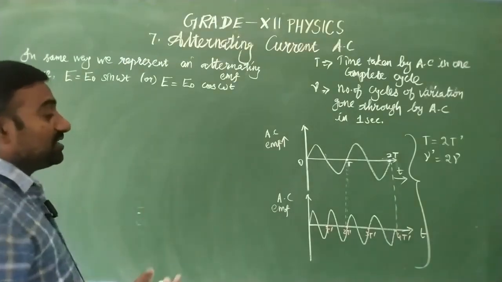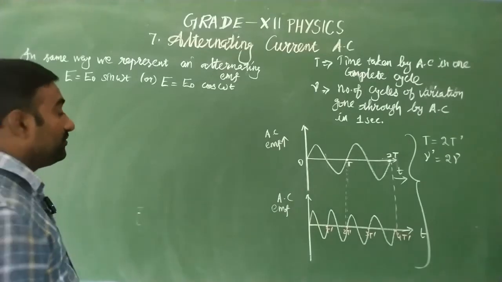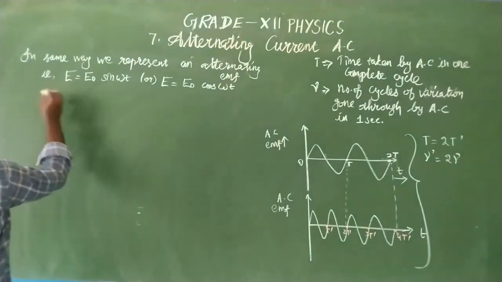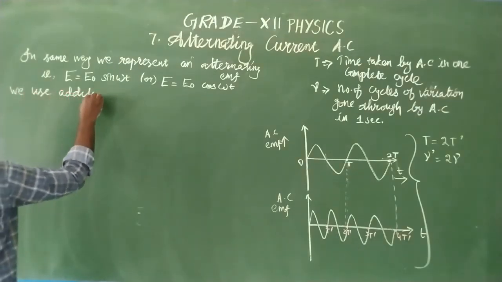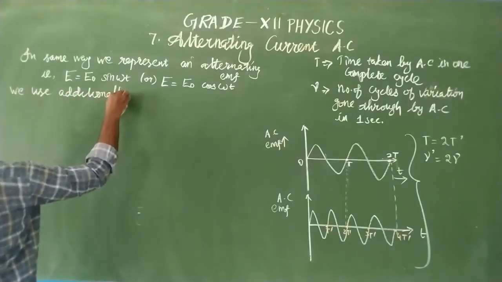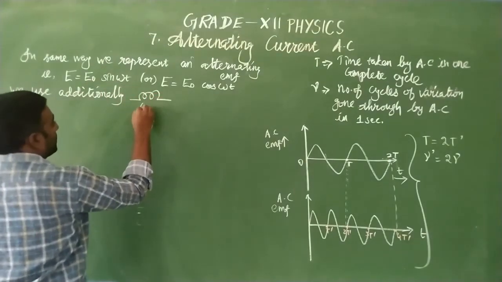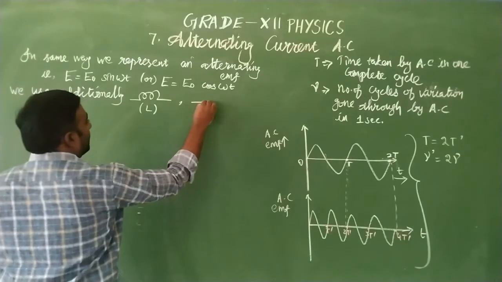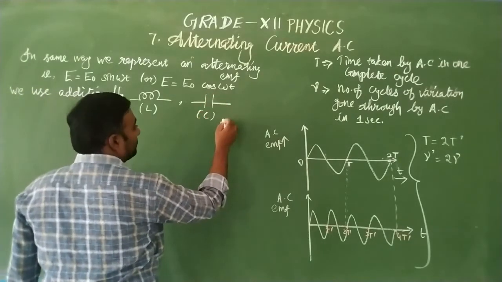In an AC circuit, additionally we use an inductor coil and a capacitor. For what?